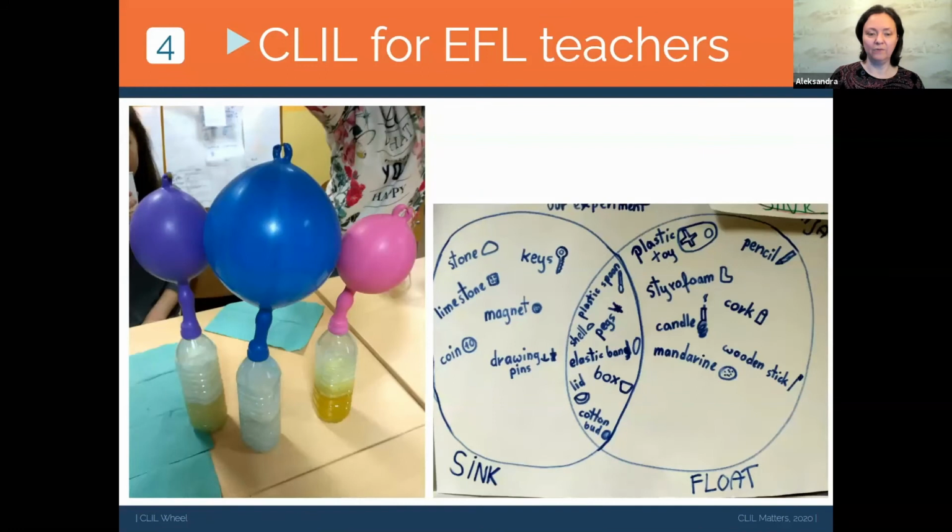On the left, you can see those 3 balloons, and that was an experiment to show which acid is going to produce the most gas. We put some baking powder into the balloons, and the 3 bottles have got 3 different types of acid: vinegar, lime juice.